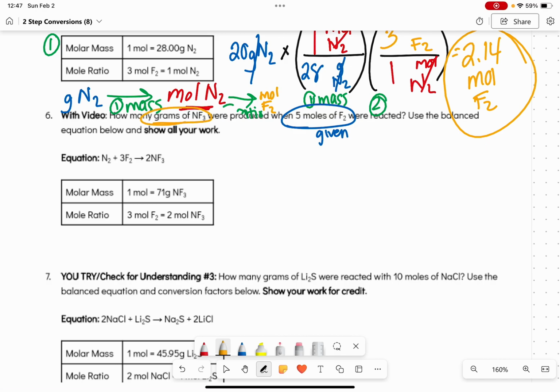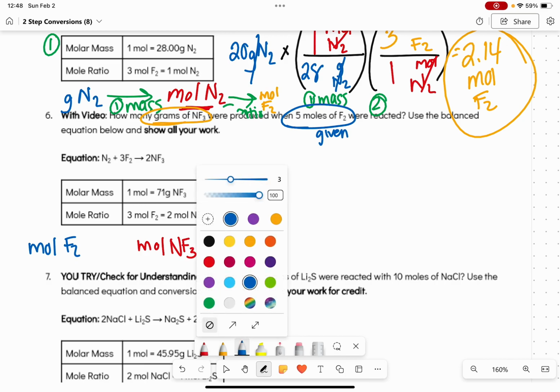I'm still going to use blue as what we're starting with and orange as what we're ending with, even though the colors were opposite before. So moles of F2 is what we need to start in. I can't directly change to grams of NF3, but I can change it to moles of NF3.